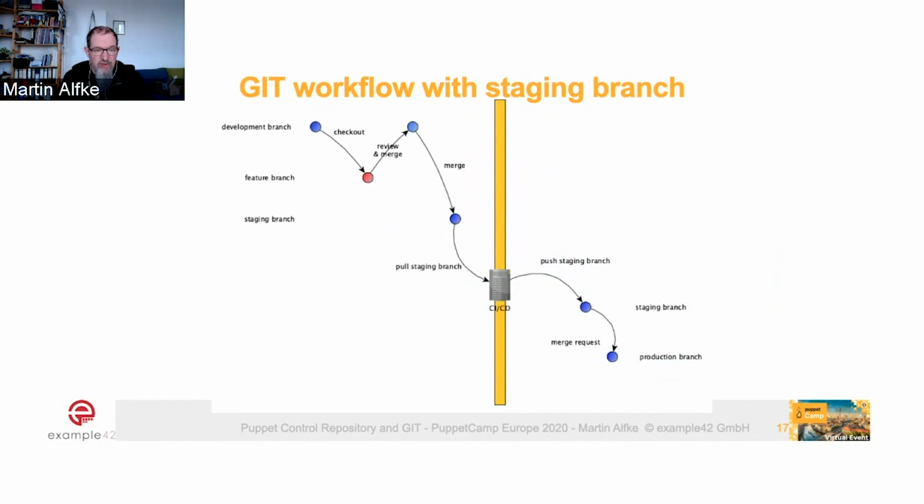And whenever something changes on the staging branch, we are triggering a CI/CD system, whether that's Jenkins or GitLab CI runner, it's up to you, whatever you use, or CD4PE maybe. And this system just pulls the code from the development Git server and pushes it into the other network zone, into the production Git server.